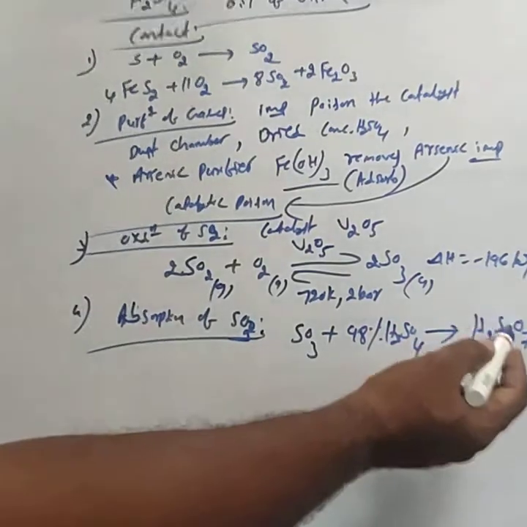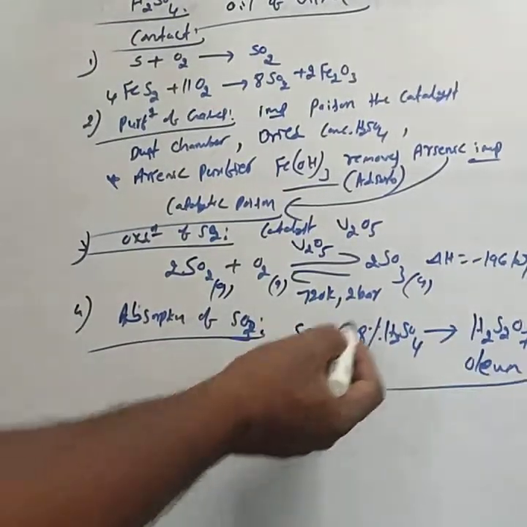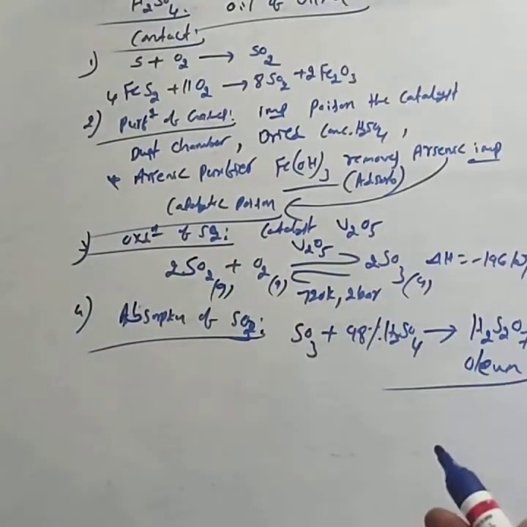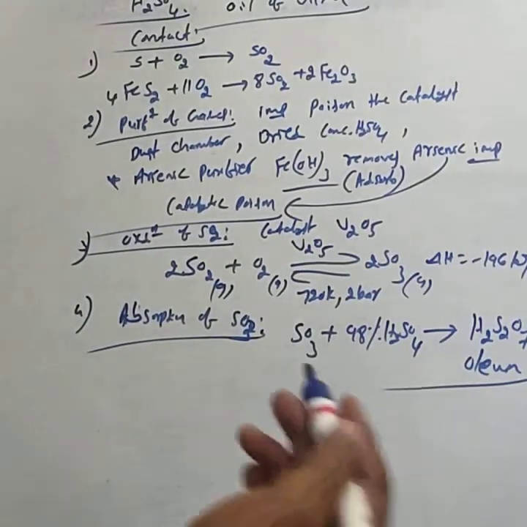Oleum means a mixture of SO3 and 98% H2SO4. The formula is H2S2O7, or fuming sulfuric acid.